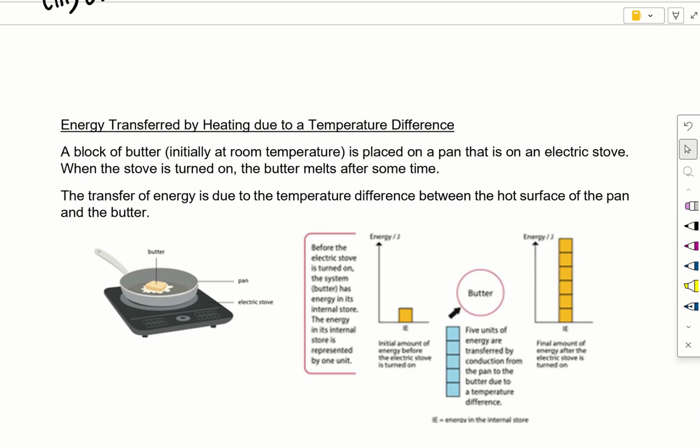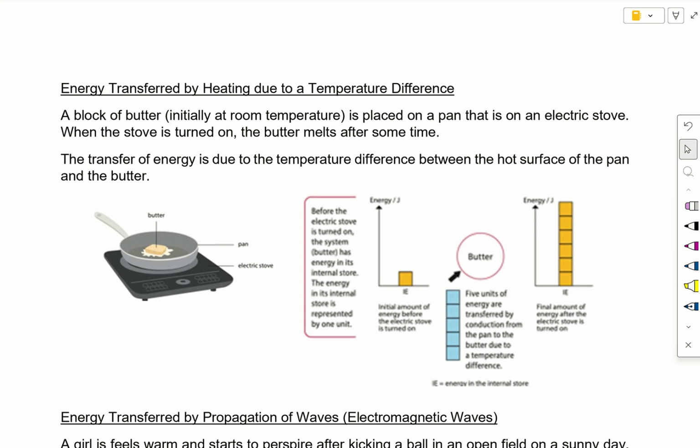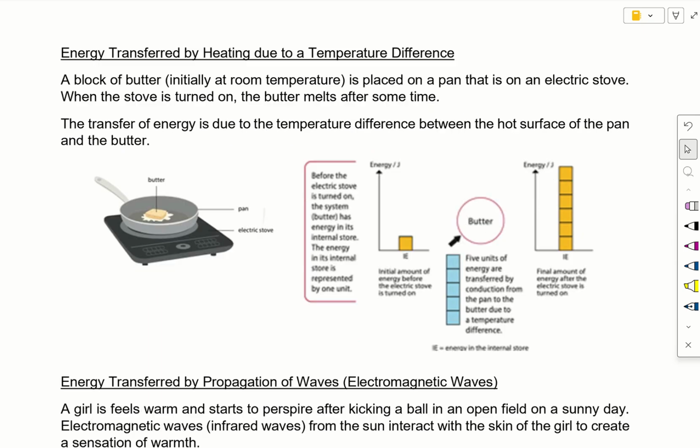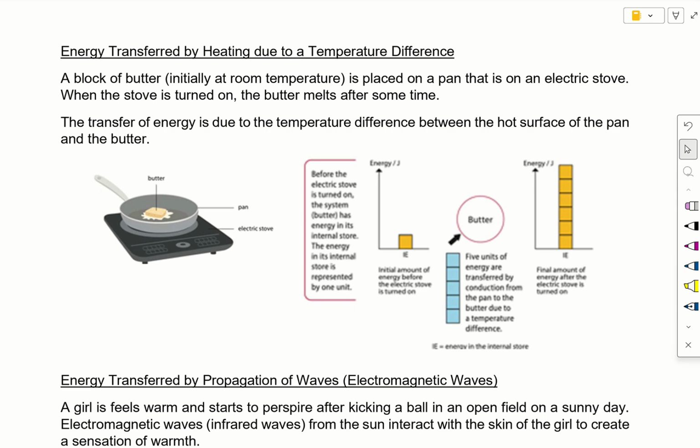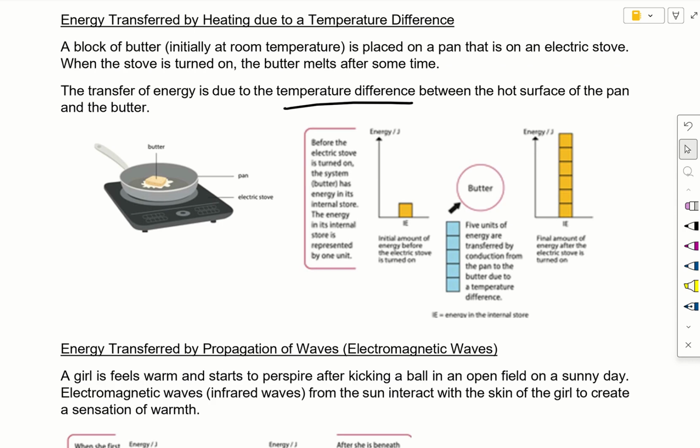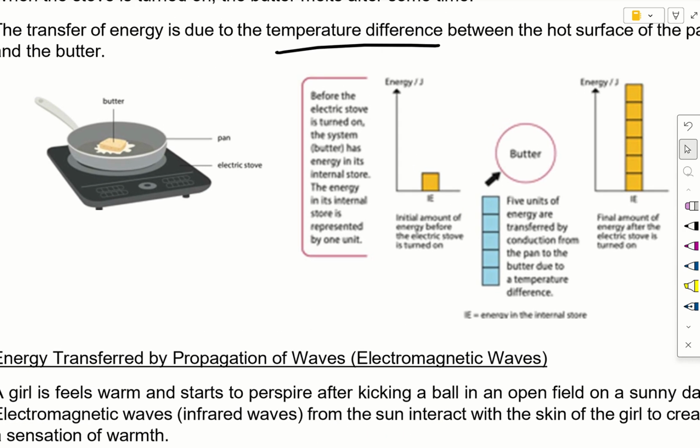Energy transferred by heating due to a temperature difference. A block of butter, initially at room temperature, is placed on a pan on an electric stove and is heated up. The transfer of energy is due to the temperature difference. So this is the pathway between the hot surface of the pan and the butter. Before the stove is turned on, the butter, which is the system we are talking about, has energy in its internal store.